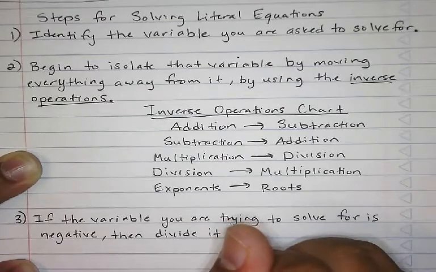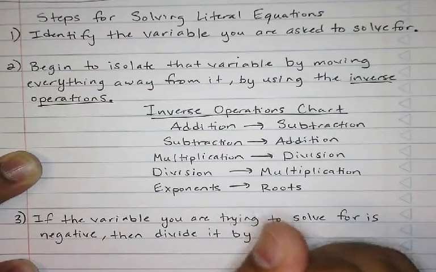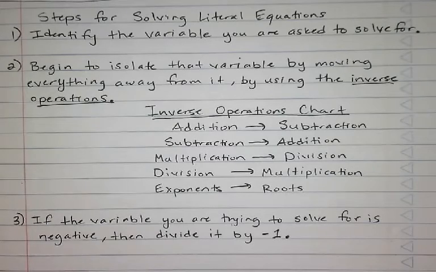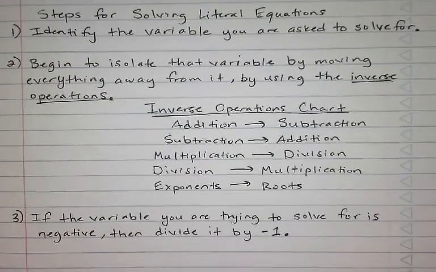Or sorry, by -1. So say we have negative x by itself. We've got to divide that by -1 so we can get rid of the negative sign. Okay, we've done this before too.